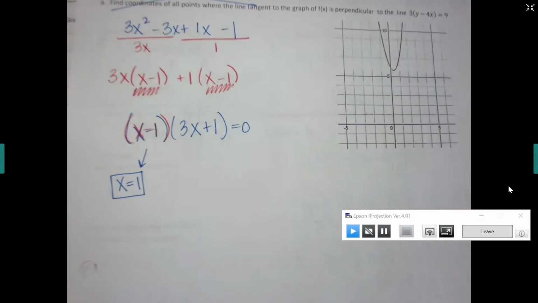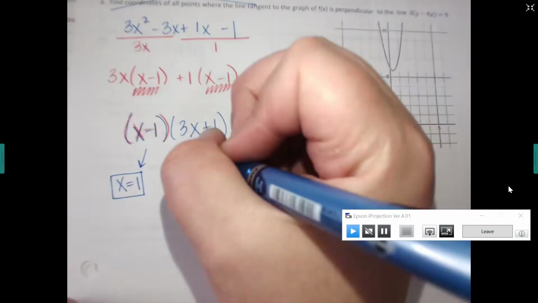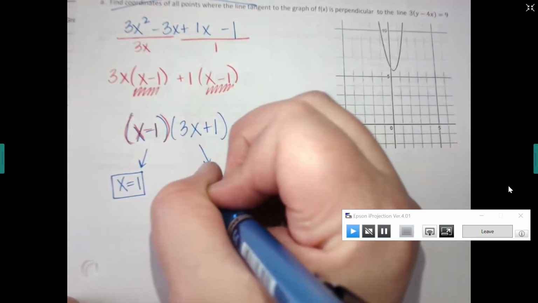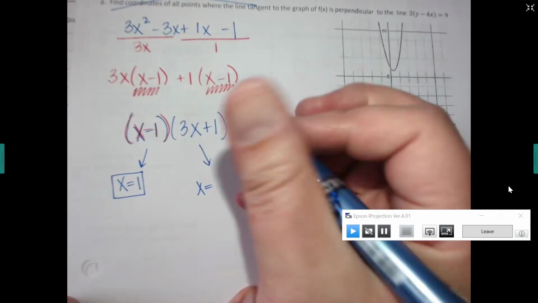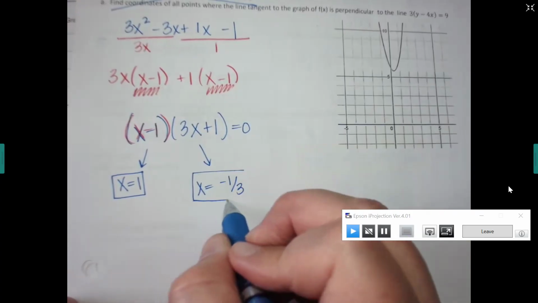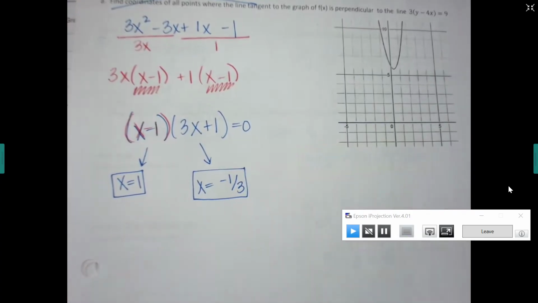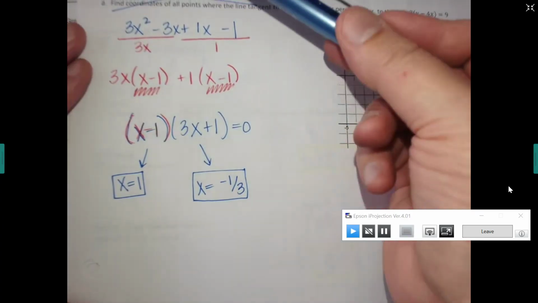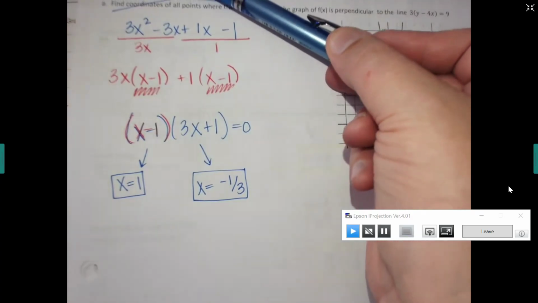And then for the 3x + 1, I don't know if you remember this little shortcut, but the 1 still turns to a -1, and then you just divide by 3. Because if you think about solving it, your +1, you'd subtract it across. And then to get rid of the 3 on the x, you just divide it. Okay? But you only have to do that grouping if your A in the front isn't just like a regular 1x squared. Okay?